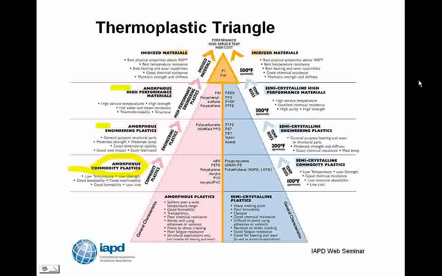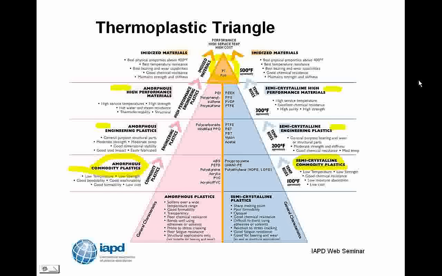Jumping over to the right side of the chart, I've got semi-crystalline commodity plastics, followed by semi-crystalline engineering plastics, and finally, semi-crystalline high-performance materials. For the purpose of today's discussion, we're not going to talk too much about the imide materials at the top of the triangle.